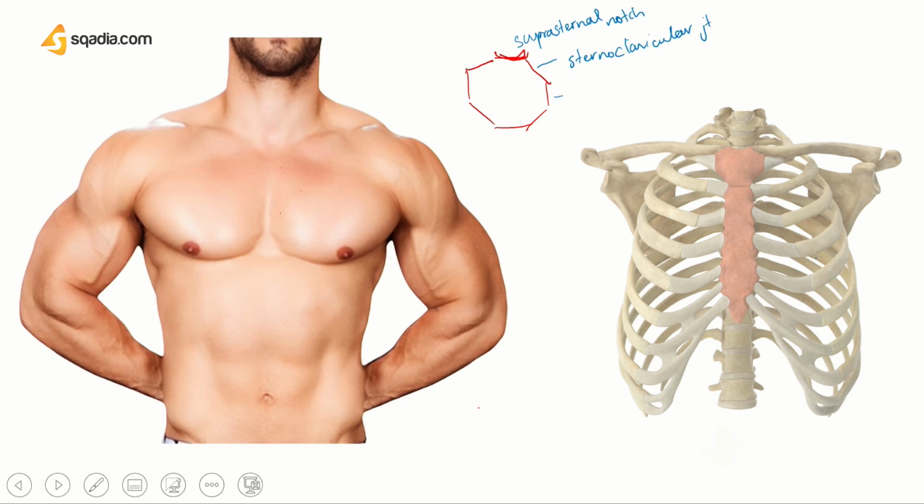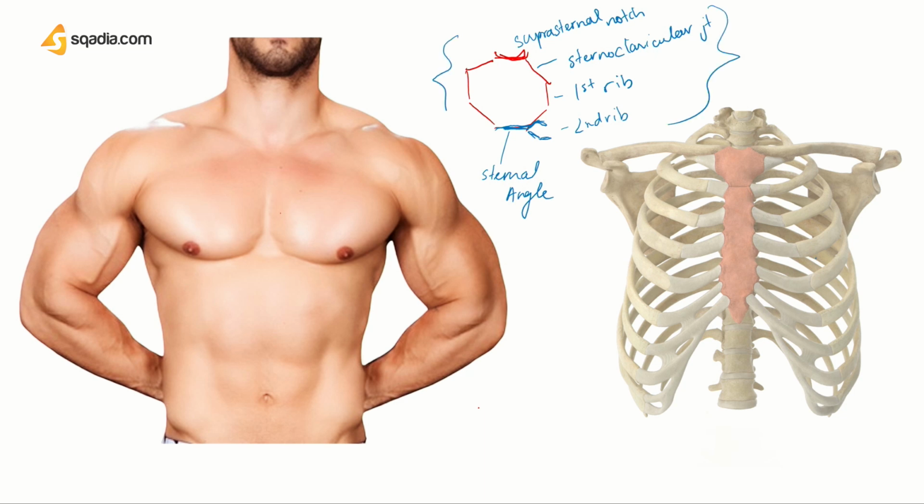This side over here articulates with the first rib. And this side over here, the bottom half of this edge, articulates with the second rib. And this side over here is the last one. This is the sternal angle. And these three are the same on this side. So I hope you will now remember all of the edges of the octagon-shaped Manubrium sterni.